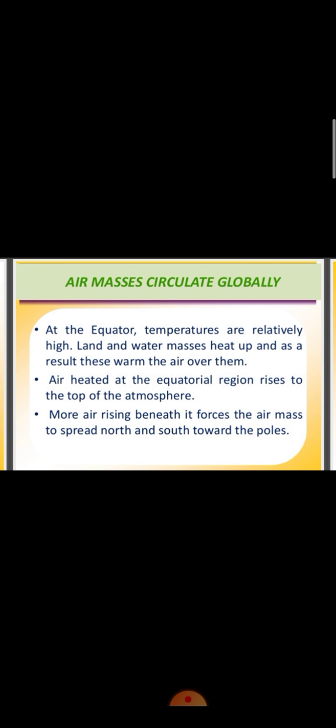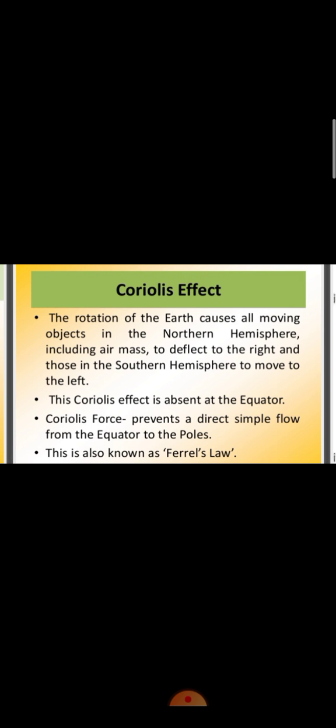At the equator, temperatures are relatively high, land and water masses heat up, and as a result they warm the air over them. This heated air at the equatorial region rises to the top of the atmosphere. More air rising beneath it forces the air masses to spread north and south toward the poles.